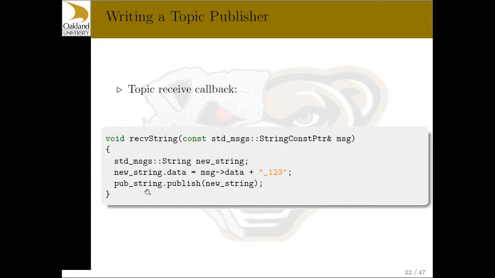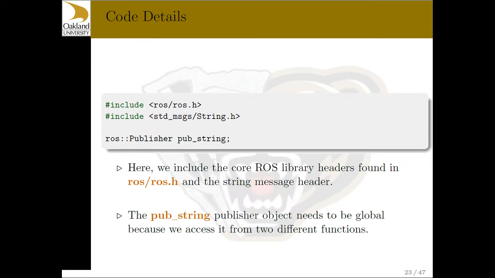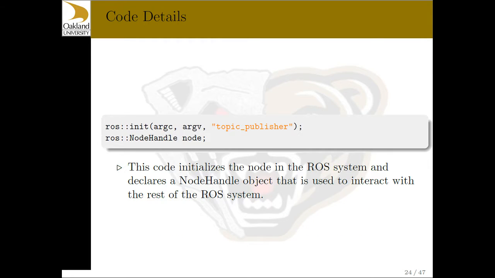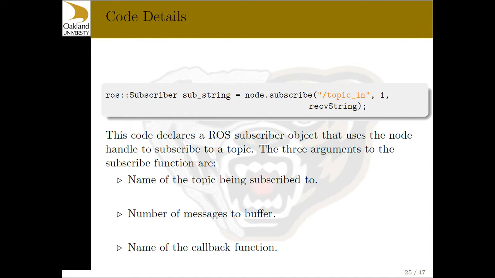Okay, and then finally this last line, we use our pub_string, which is our publisher class, and we call the publish method on new_string. So this is what's actually going to broadcast our modified string into ROS, so any other node can subscribe to it and get our modified data. Okay, and the next slide basically just breaks down each chunk and describes what I said in words and actual text, so nothing too much here.